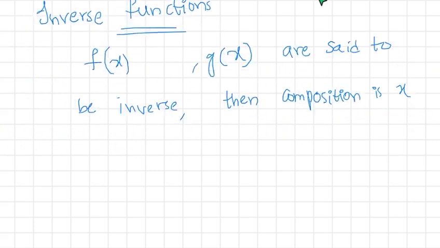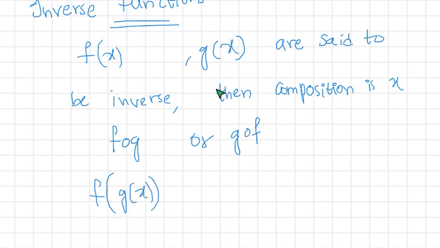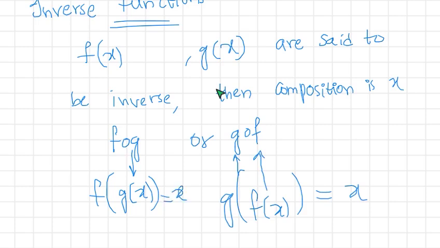Composition means composite functions, f circle g or g circle f. It's a composition. So instead of x in f of x, I put g of x. So g of, instead of x, we have to put f of x. So both the values have to be x. Okay.